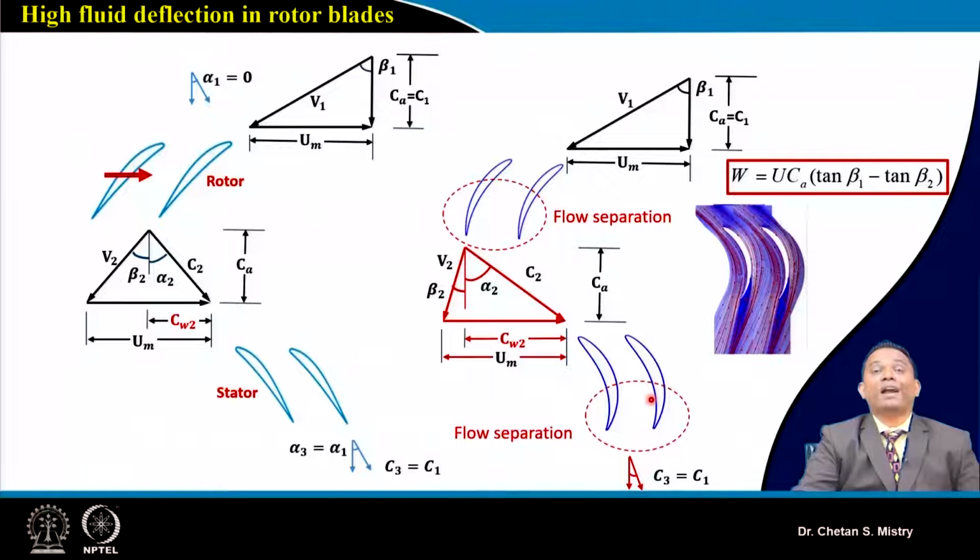Now we need to find an alternative which helps reduce the possibility of flow separation, and that is the reason, as we have discussed, people opt for different methodologies. That is the tandem configuration. Somewhere people go with slots with suction in order to avoid such situations.